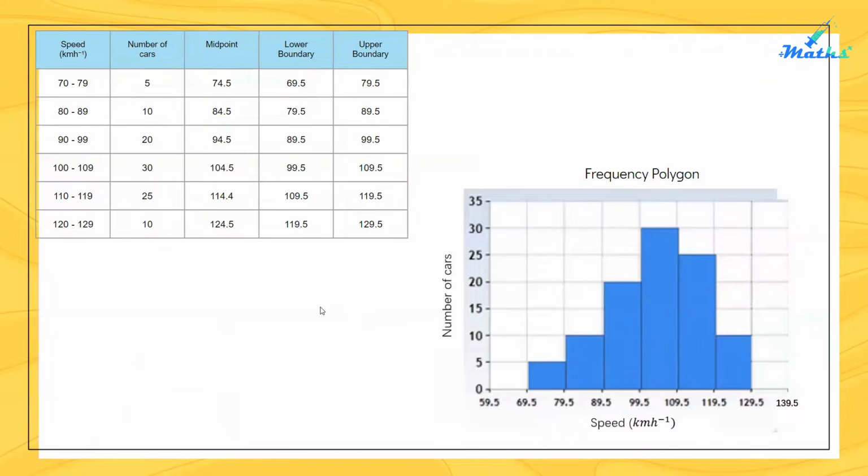Next, this is a frequency polygon. At the bottom, we're also using the lower boundary, but for the frequency polygon, we need to start at 0 and end at 0. So we plot the crosses using the midpoint.